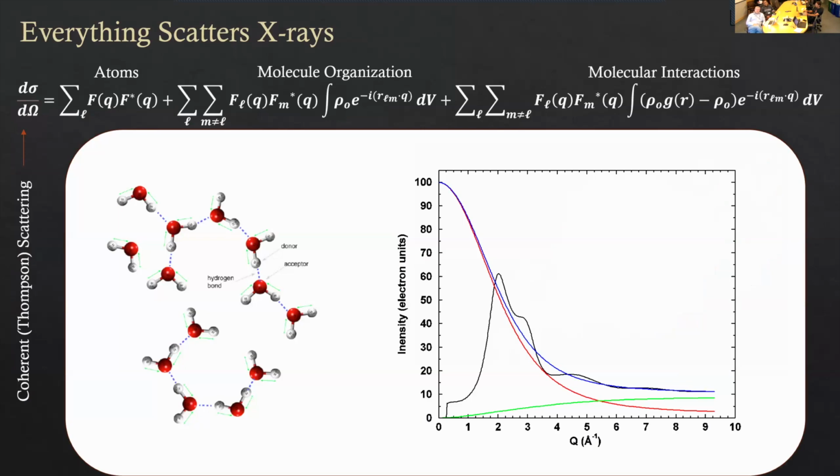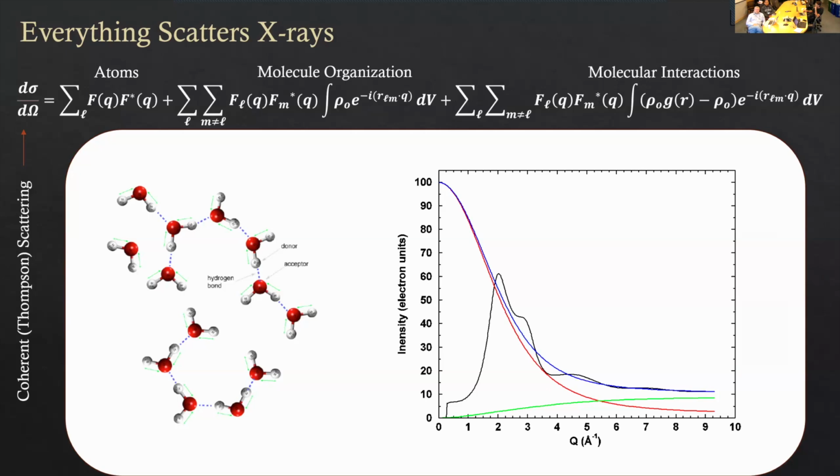So water will scatter. And if you look at the scattering from water and decompose the different parts of it, there is the scattering from the individual atoms themselves, from oxygen and hydrogen. Then you have the atomic stuff, which is the distance between the oxygen and the hydrogen.